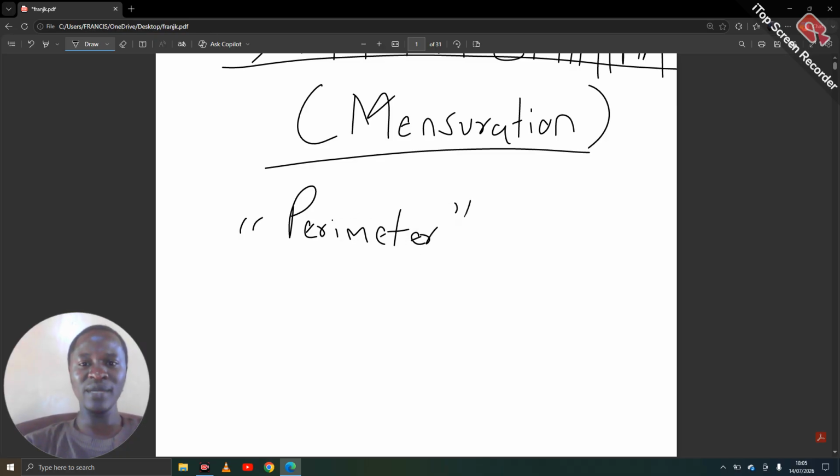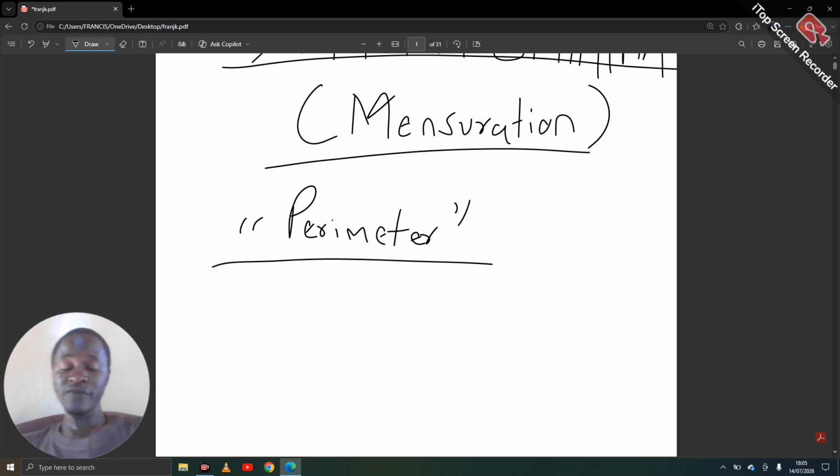I know getting perimeter of various figures or maybe objects, we've done a lot. But the kind of perimeter in this calculus under the part mensuration is a bit different from the perimeter that you know.